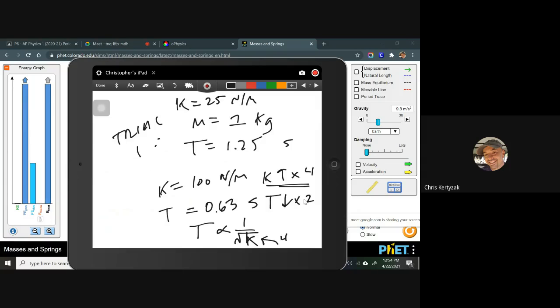Then since K going up causes T to go down, if K goes by a factor of 4, the period would go down by a factor of 4 if there was no square root there, but there is a square root there. So if K goes up by a factor of 4, period goes down by a factor of square root of 4, which is 2, right?